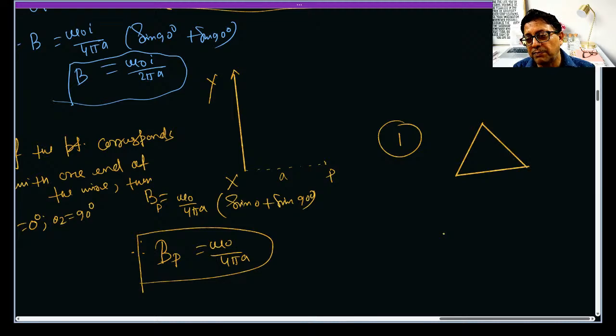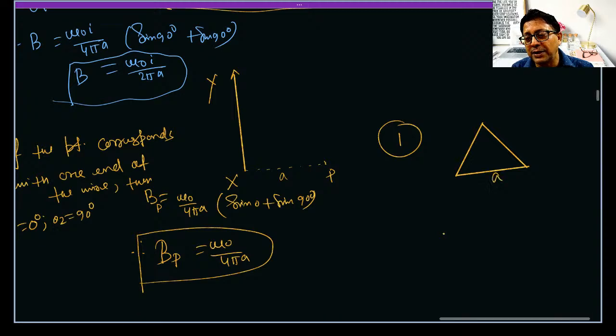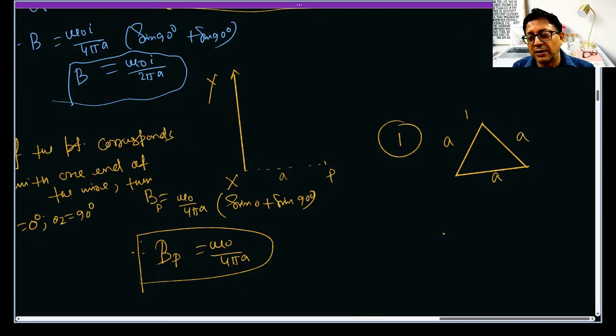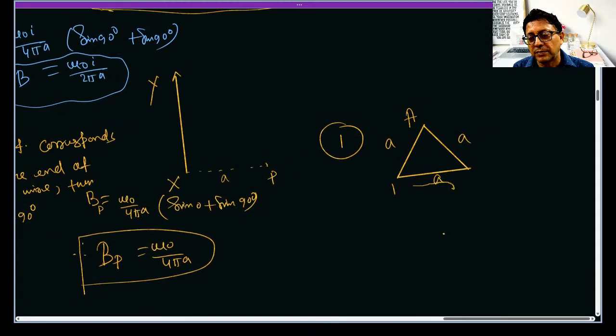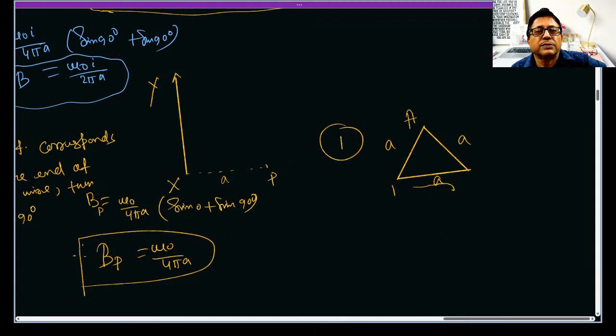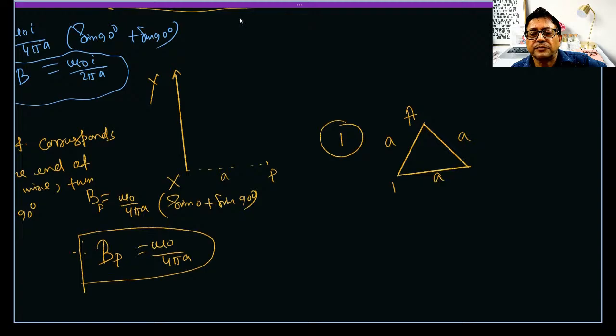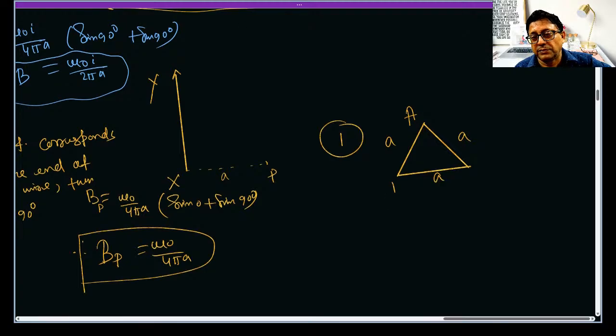For simplicity of calculation, I am taking an equilateral triangle ABC, carrying current I. You have to find magnetic field at O, that is the center of the triangle.